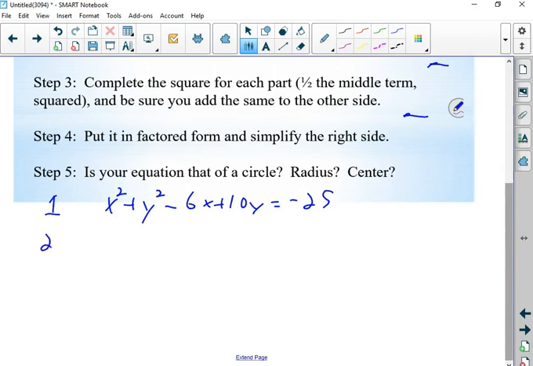Step 2, it says group the x's together and leave a space. And group the y's together and leave a space. Okay? So x squared minus 6x, something. Y squared plus 10y, something. Leave a space there.